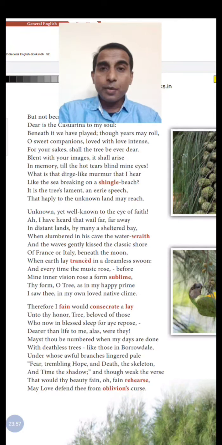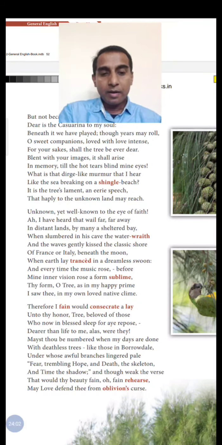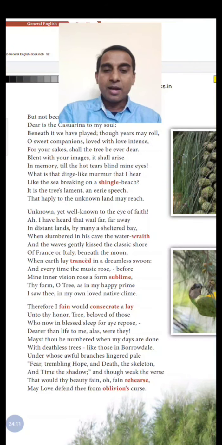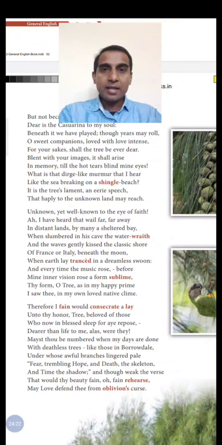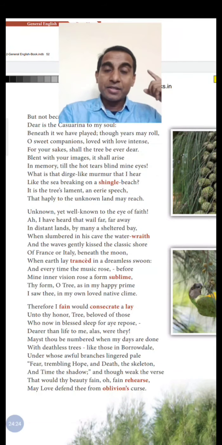And every time the music rose, every time I heard the music, my inner vision rose a form sublime. Inside my inner vision, I can find something sublime, very magnificent. So when all the earth is coming to a halt, and everything is not busy, at that time, I can find an inner vision where I can see the magnificence of the tree with its music. That's what the poet says.